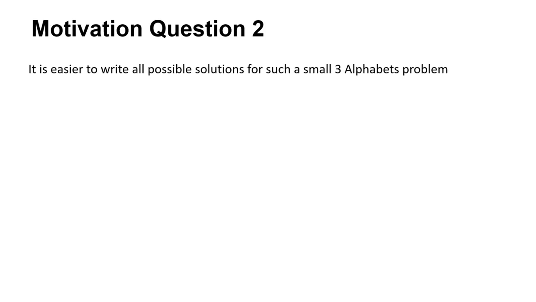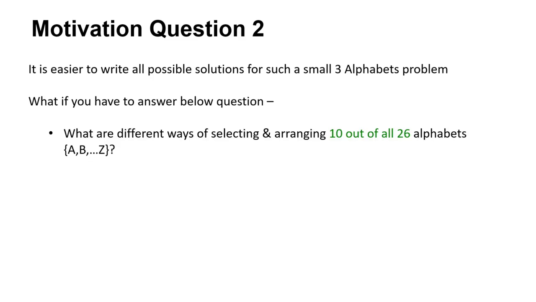We're able to write all these scenarios and tell how many solutions are possible. But what if you have to find the answer for the question below? What are the different ways of selecting and arranging 10 out of all 26 alphabets?